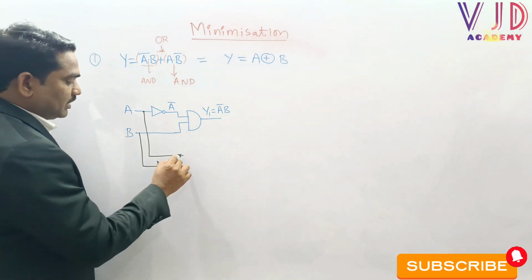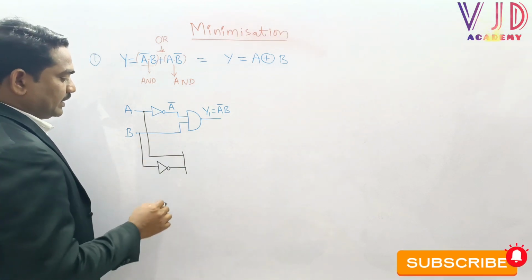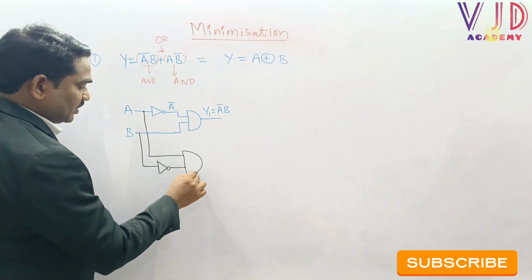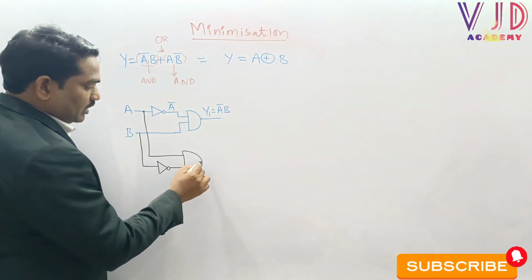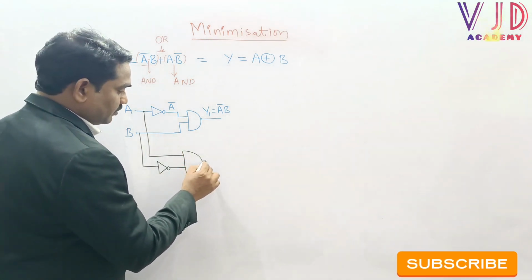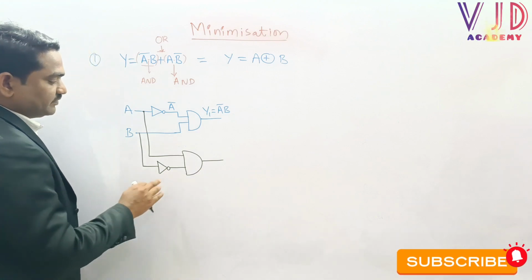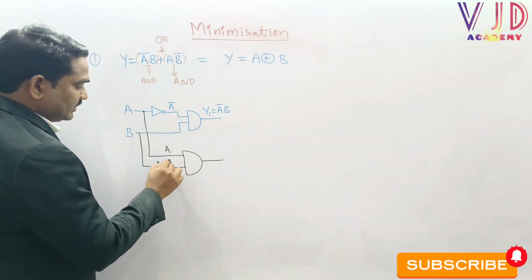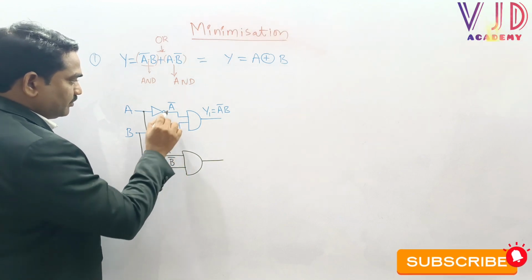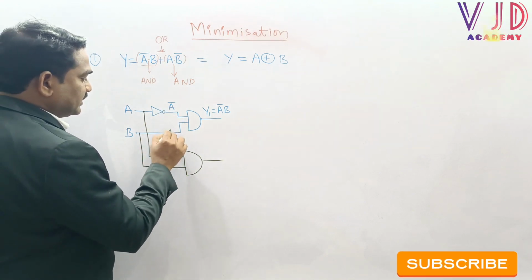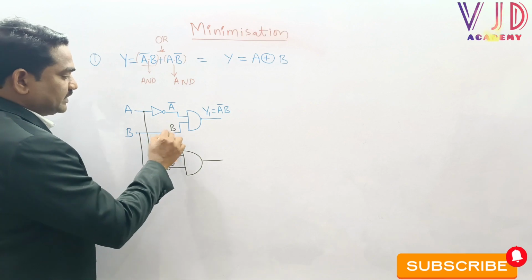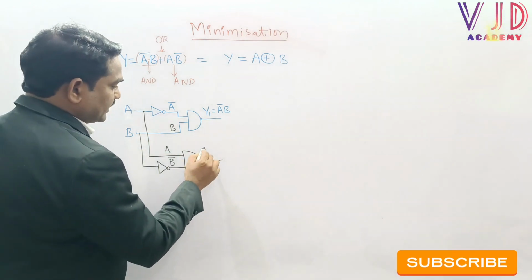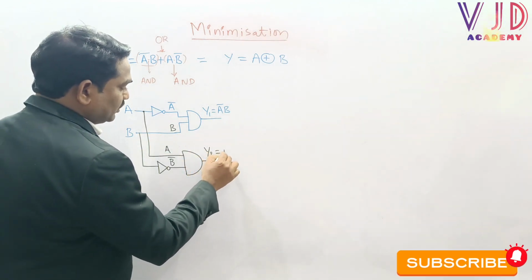Finally I connect these two, a into b bar, with one more AND gate. This is a into b bar. Here this is a and this is b bar, and here a bar and this is b. Directly we can say that the output of the second part is y2 equal to a into b bar.